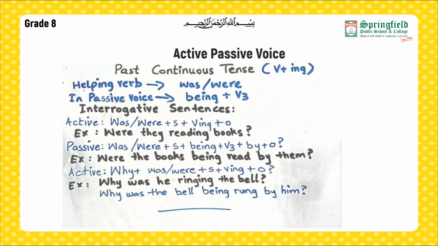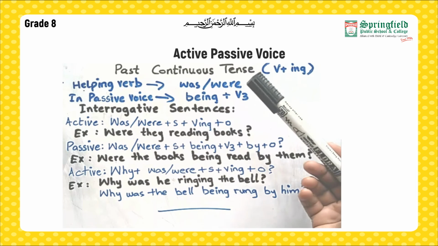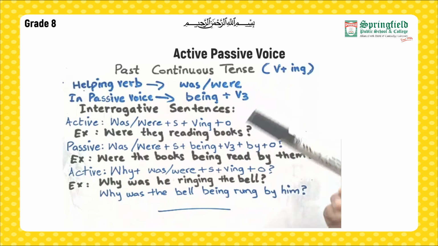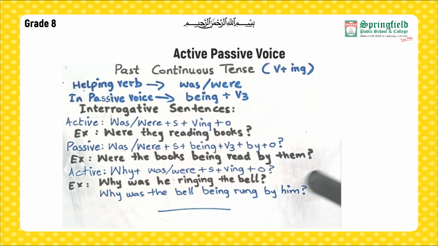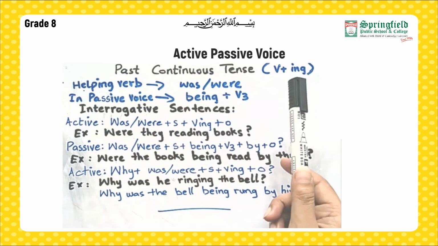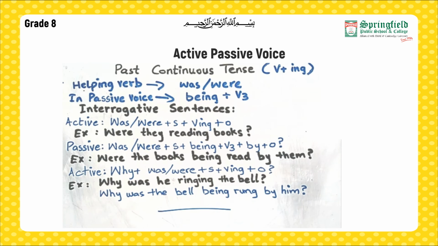This is how we change the sentences from active to passive in interrogative sentences, and this is how the positive or affirmative, negative and interrogative sentences are going to be changed from active to passive in past continuous tense. I hope everything is clear to you now.